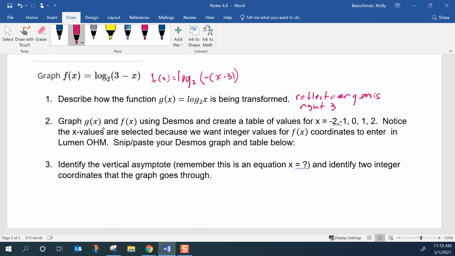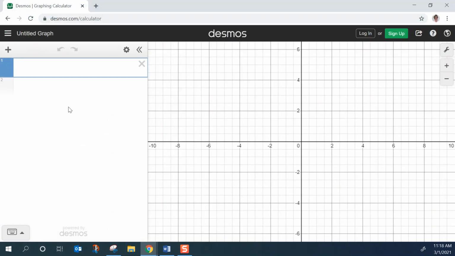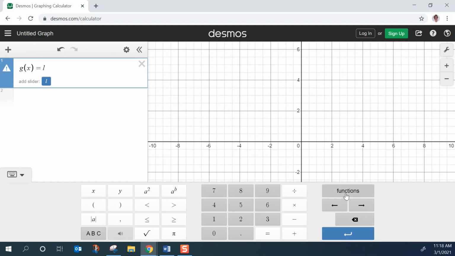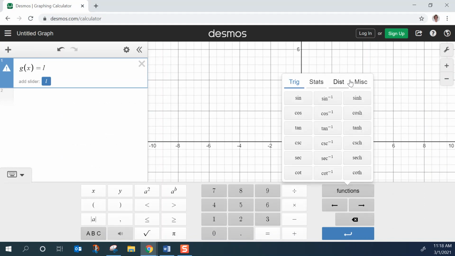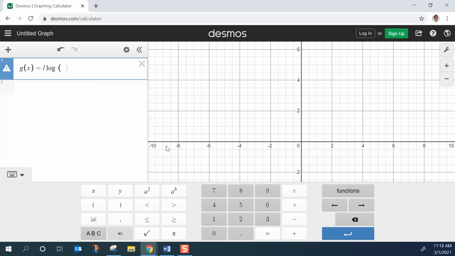Then graph your two functions using Desmos and create a table of values so you can see what happens. So we're going to graph g of x equals log base 2 of x. Let's see if I can find the function. Go to miscellaneous functions. There's log base a.